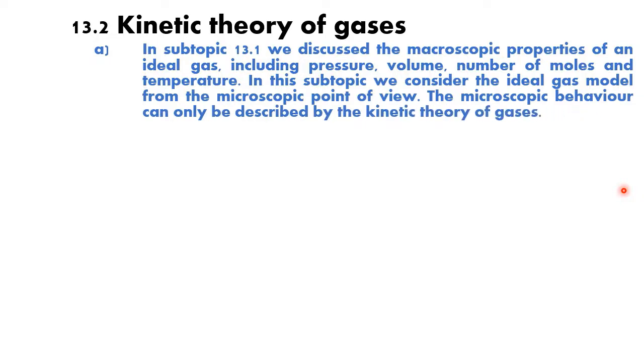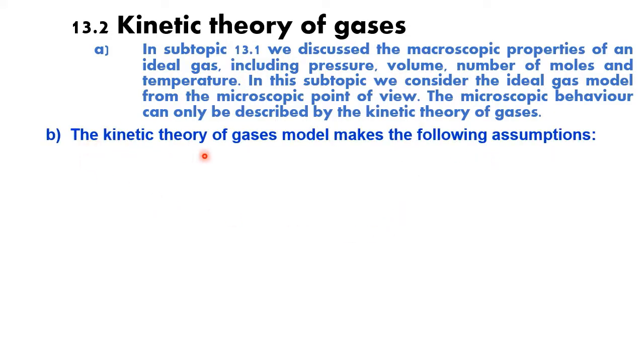So in this subtopic 13.2 we consider the ideal gas model from the microscopic point of view. So the microscopic behavior can only be described by the kinetic theory of gases. Ada beberapa assumption.